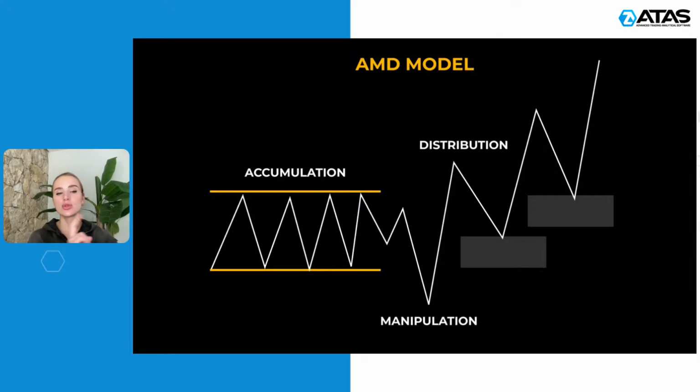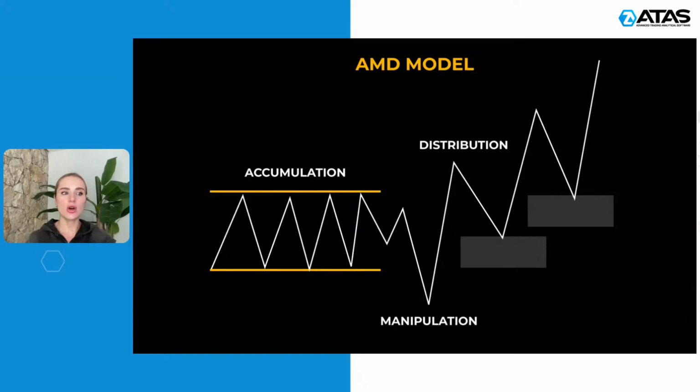To summarize, we have two categories of trades in auction theory: responsive and initiative. Responsive are the ones that happen in the zone of accumulation. Initiative are the ones that happen in the zone of manipulation and distribution.